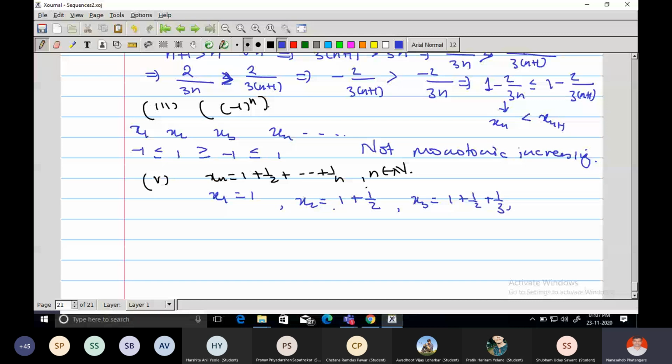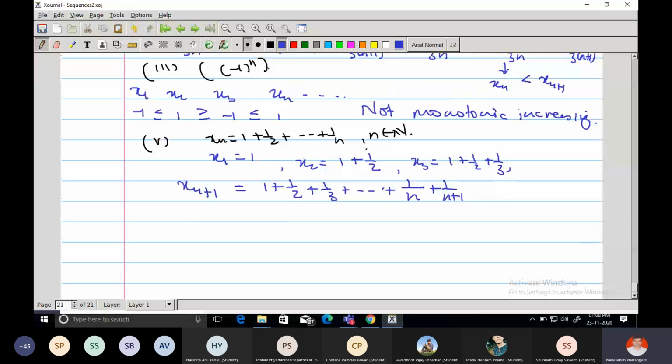Now if you look at xn plus 1, it is 1 plus 1 by 2 plus 1 by 3 up to 1 by n plus 1 by n plus 1. And xn is 1 plus 1 by 2 up to 1 by n, whatever n is, 10, 100, whatever. Then the next term is this. Then what is xn plus 1 minus xn?